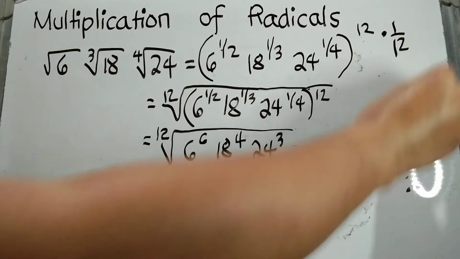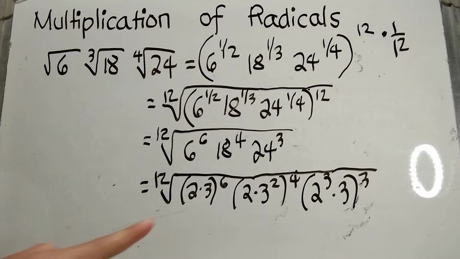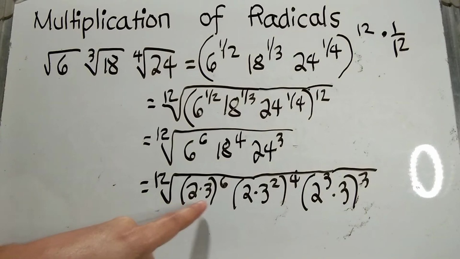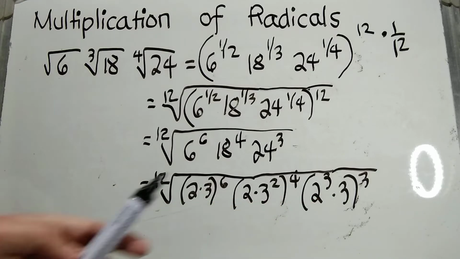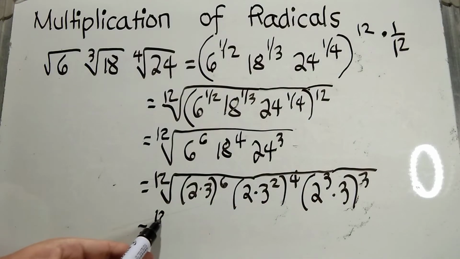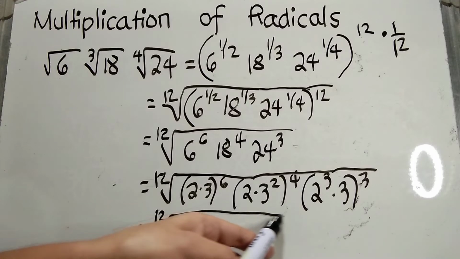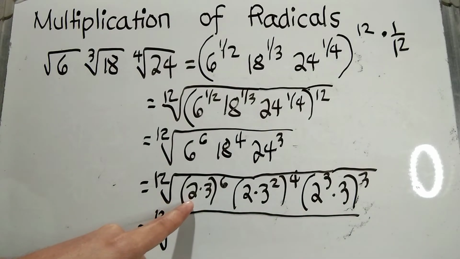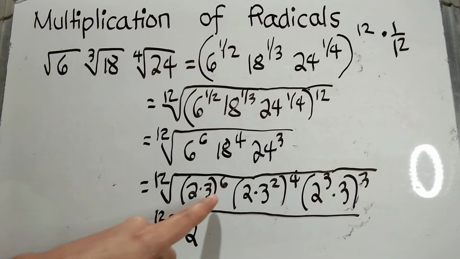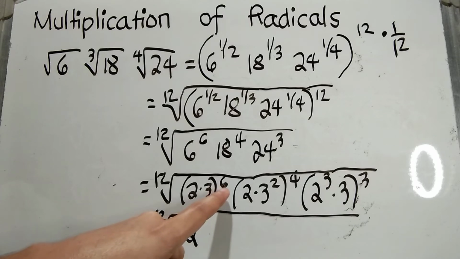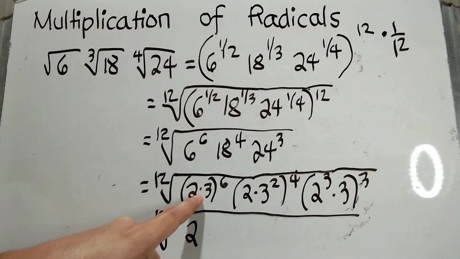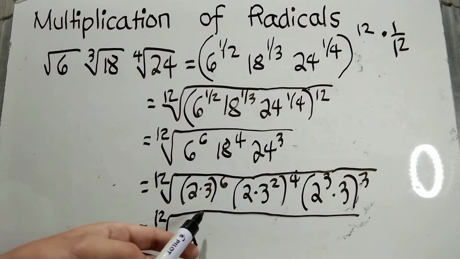This is for us to combine all exponential figures having a base of 2 and all exponential figures having a base of 3. If you focus on 2, the first exponential expression will be 2 to the 6 times 3 to the 6, or it has an exponent of 6.